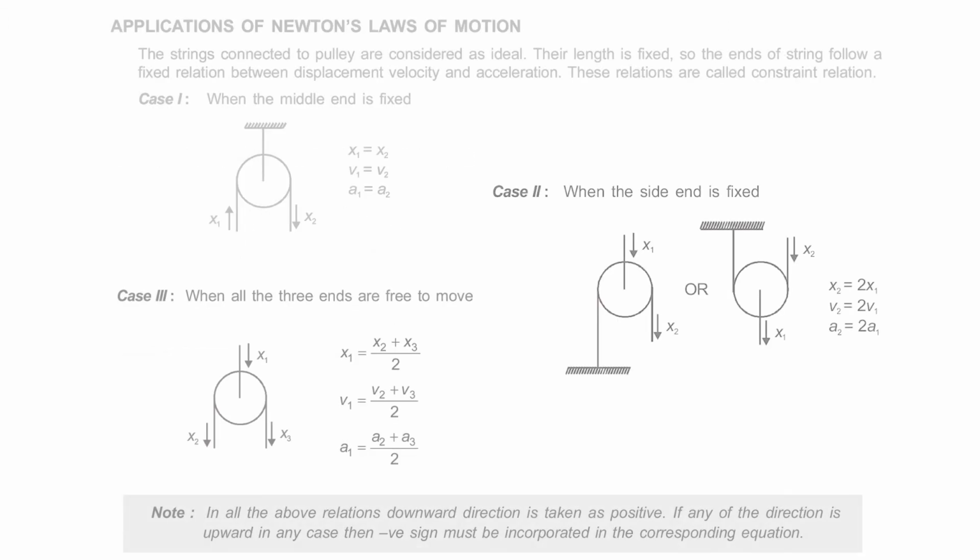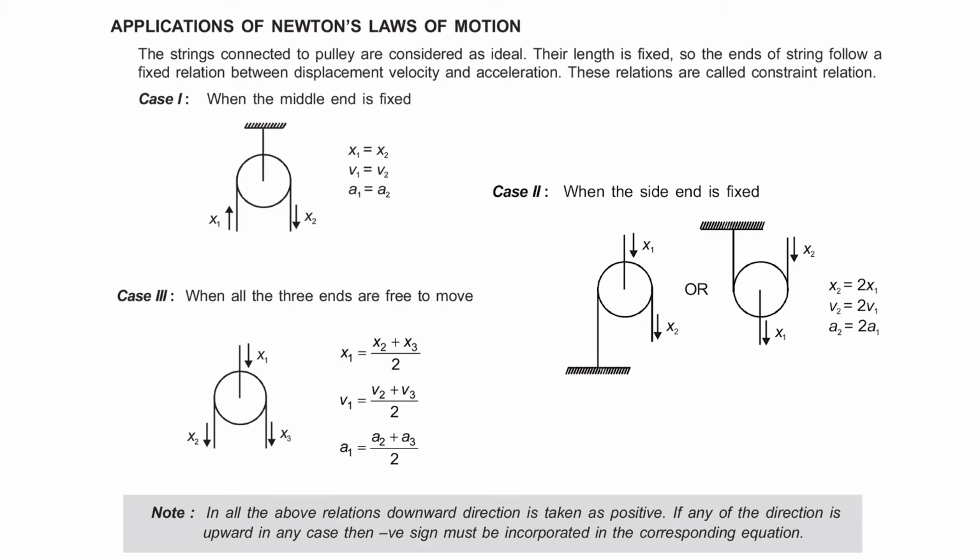Now here is a small note. In all the above relations, downward direction is taken as positive. If any of the directions is upward in any case, then a negative sign must be incorporated in the corresponding equation.